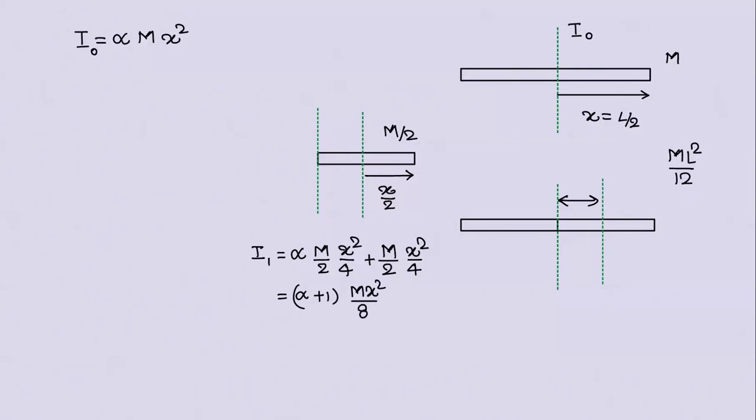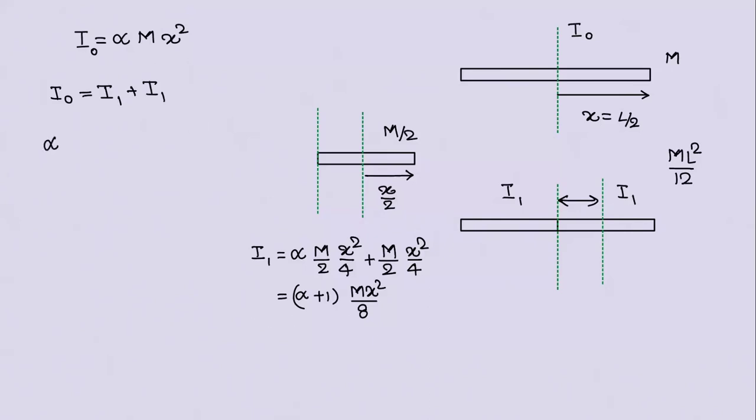Now, what about the moment of inertia of the other piece? That's also the same. The left part is I1, the right part is I1, and about this axis, if I add I1 and I1, I get I naught. So I naught is equal to I1 plus I1. Simply put this data here, and you will get the answer.